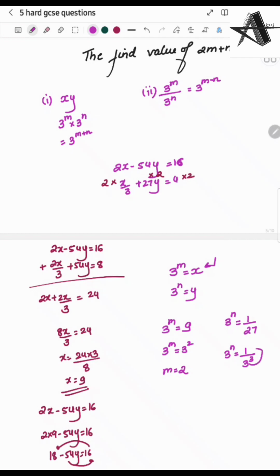So I am moving it to the numerator, and 3 to the power of n will become 3 to the power of -3. On comparing, I'll get n is equal to -3. We have the values of m and n. What they are asking is 2m plus n. 2 into the value of m, which is 2, and n is -3. The answer is 1. So the final answer is 1.